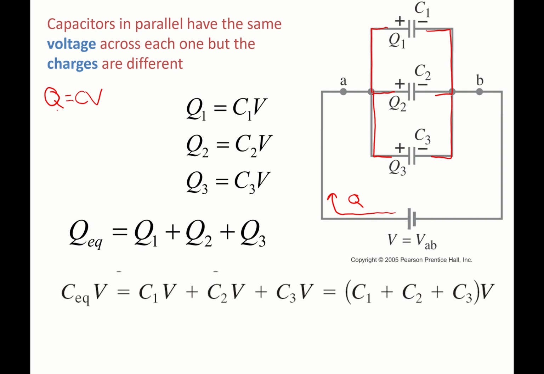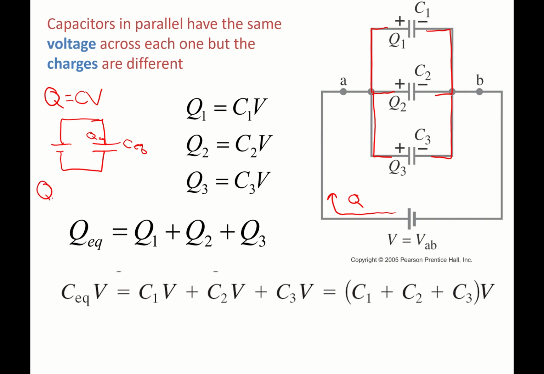So if I draw an equivalent circuit, just like we did for resistors, where we have one battery and one equivalent capacitor, that equivalent capacitor is going to have a charge on it equal to the total charge flowing through the battery. So that's going to be equal to Q1 plus Q2 plus Q3.